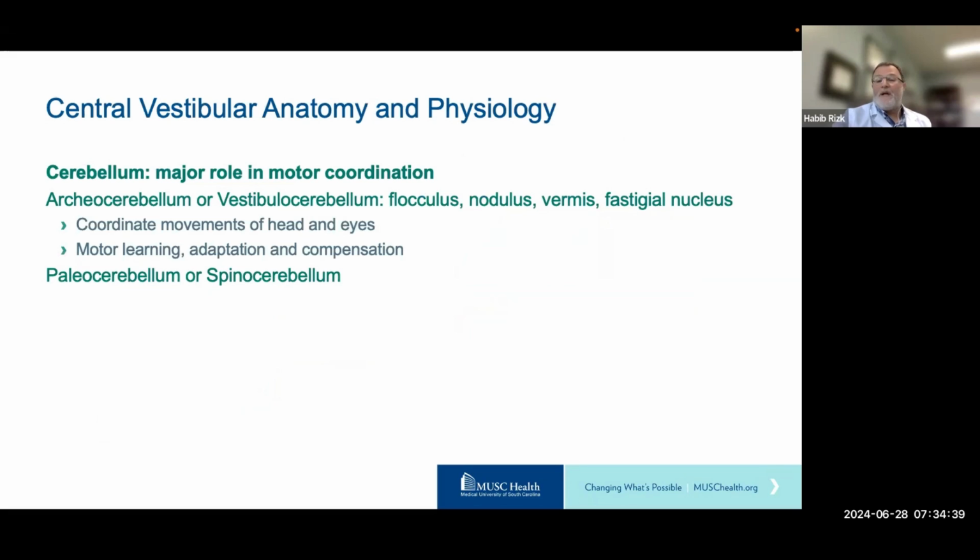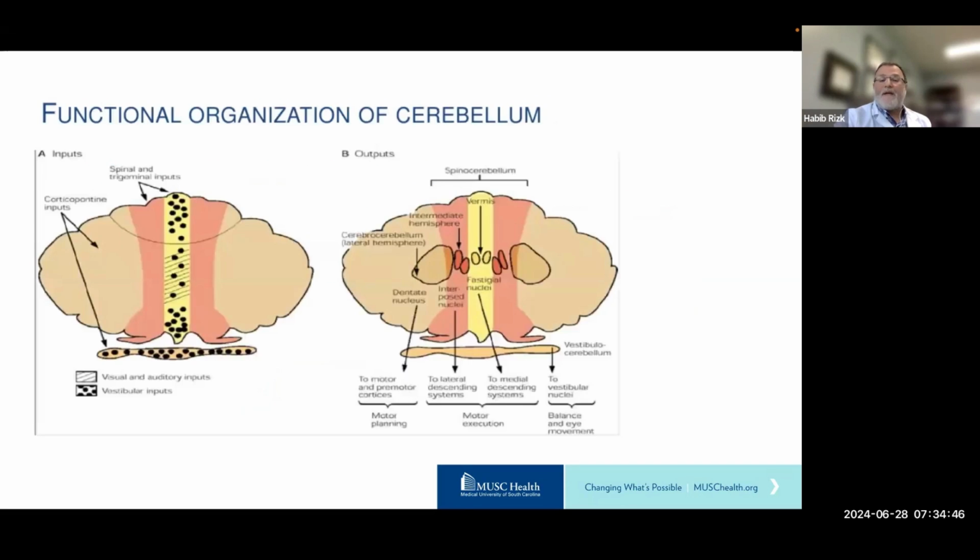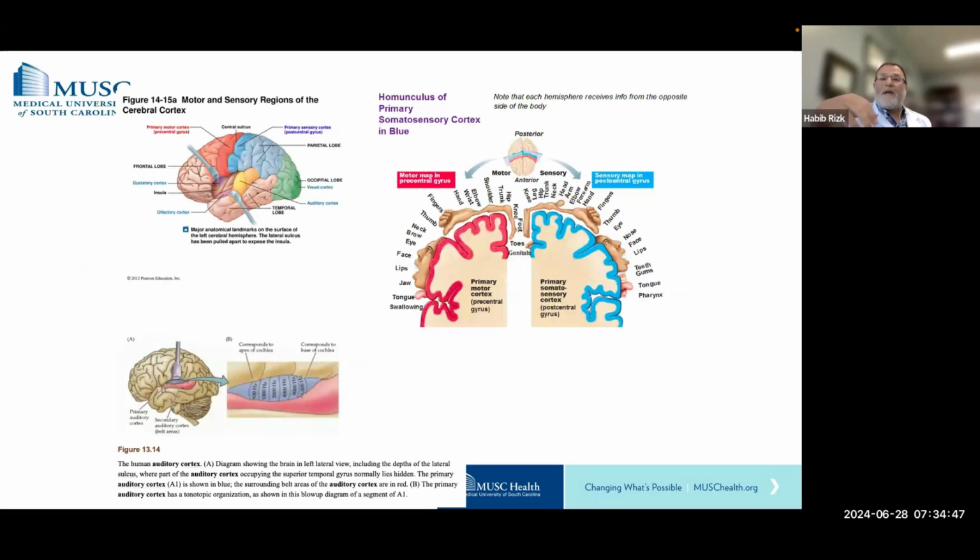The cerebellum plays a major role in motor coordination, motor learning, and adaptation. And in animal studies, we know that there is something called the PIVC, or the vestibular cortex, PIVC standing for parieto-insular vestibular cortex.